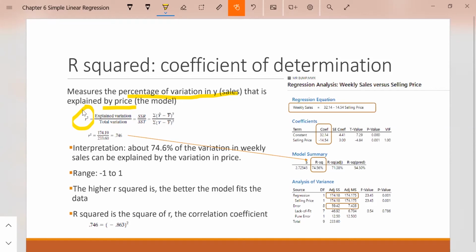And just because there are other factors affecting sales, we need to learn the regression model. You might say, wait a minute, why don't you include other variables so that we can predict the sales perfectly?